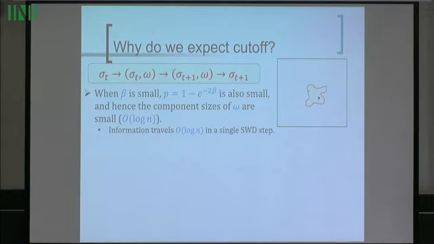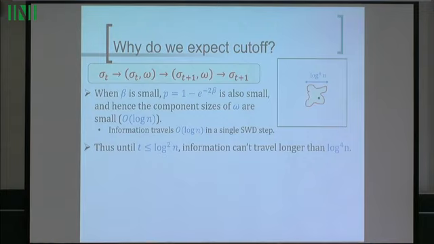This is because if we have two vertices in different connected components, then in the next step they will be updated into independent spins, which means that the information from one does not have any effect on the other. Okay. So if we run our Markov chain until some time log squared n, which is strictly greater than what the mixing time should be, then the information cannot travel longer than, say, log 4th n.